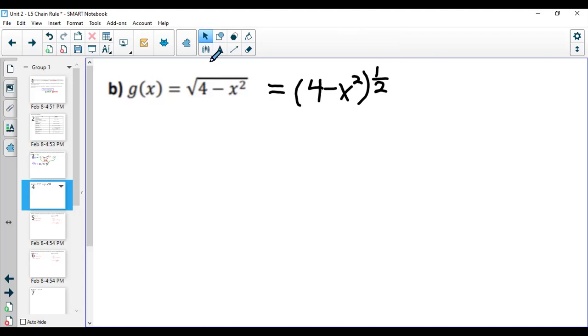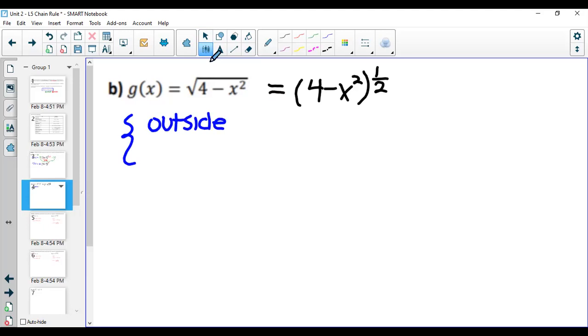So the outside function, and I'm going to write this separately, is how we're going to originally treat this question, let's say x to the power of 1/2.